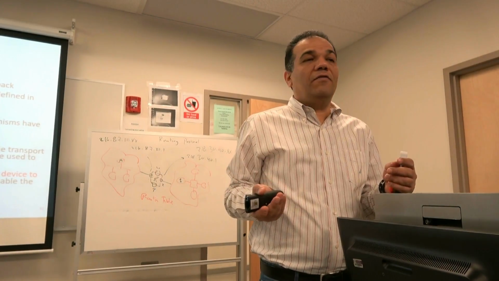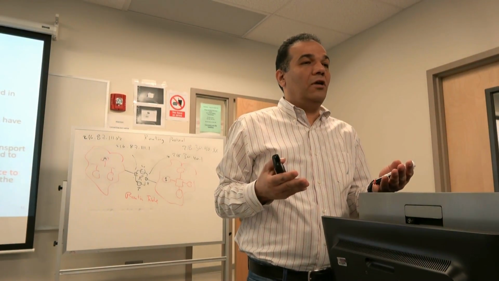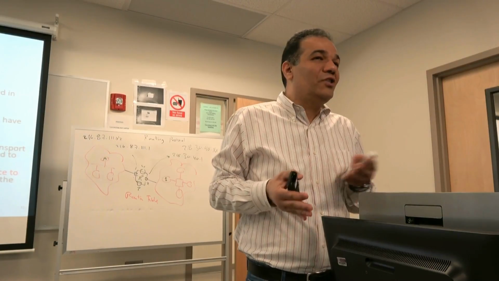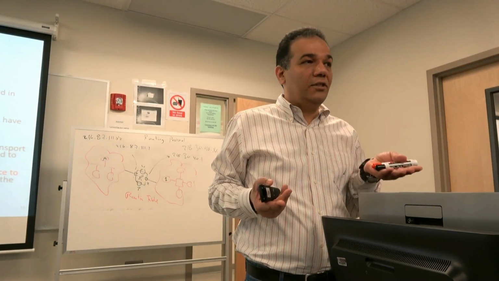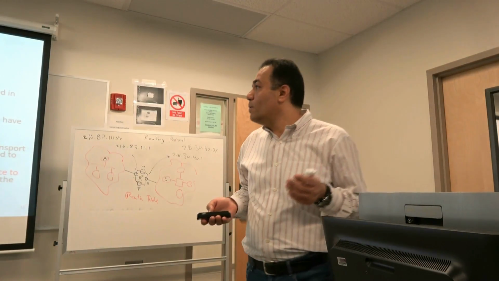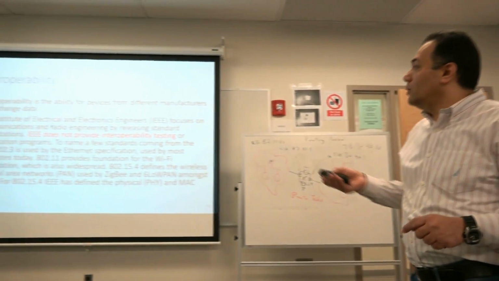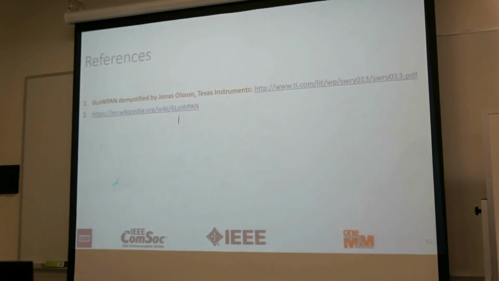So, for example, if tomorrow you receive a message that there is no class next week, do we need to keep this message secret? No. But you have to make sure it's authentic. There's a difference between authenticity and secrecy. Also, it provides interoperability. These are references, you could go over that.